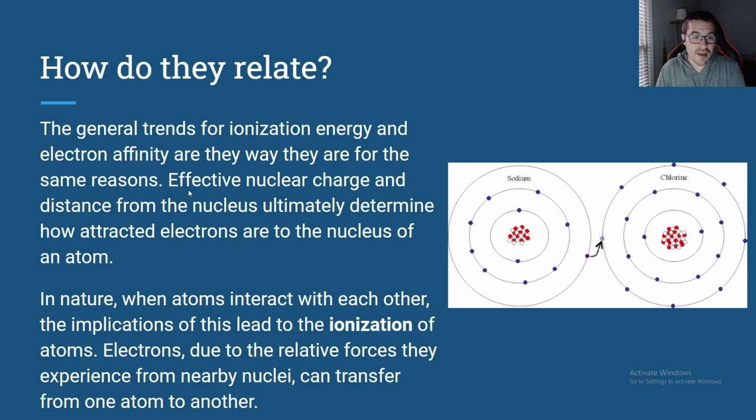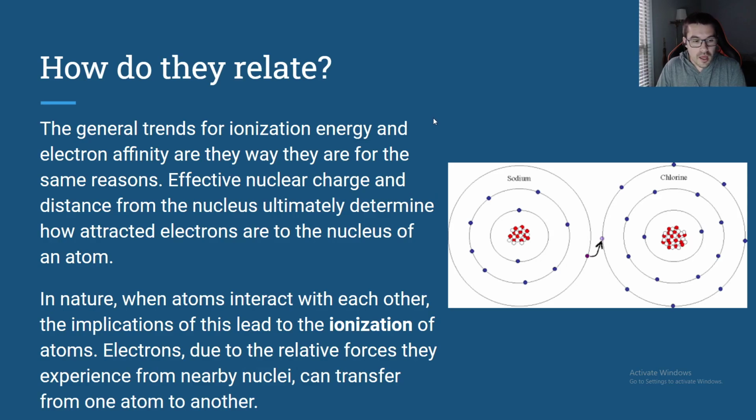It has to do with effective nuclear charge and distance from the nucleus that ultimately determine how attracted electrons are to the nucleus of an atom. If you're talking about elements in the same row, it's the effective nuclear charge that determines the difference. And if you're talking about elements in the same column, it's the size of the atom, aka the distance from the nucleus, that determines their behavior.